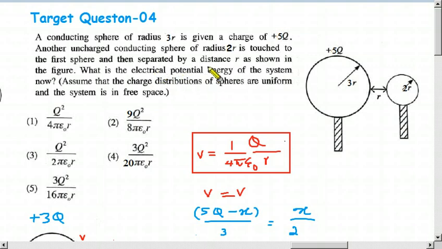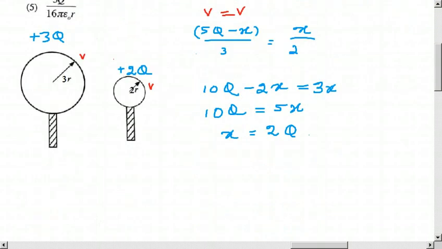Distance r, then center to center 3r, r, 2r. Here 2r, r, 3r, 3r, altogether 6r. Distance between center to center is 6r. Okay. Here 2r, r, 3r, then here 3r, altogether 6r.